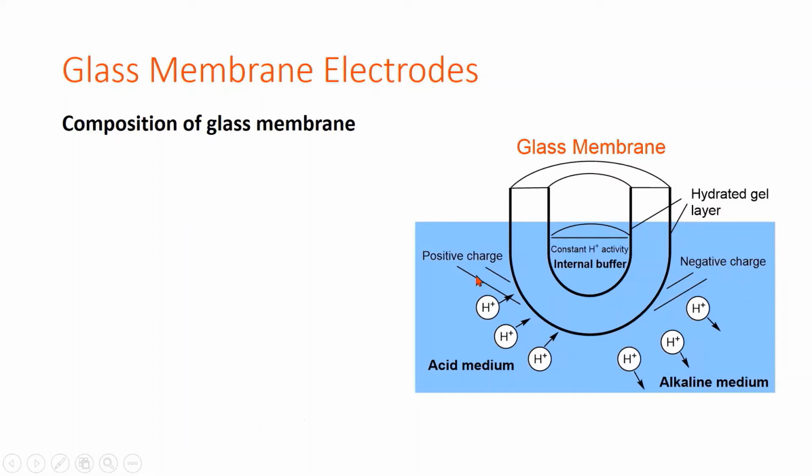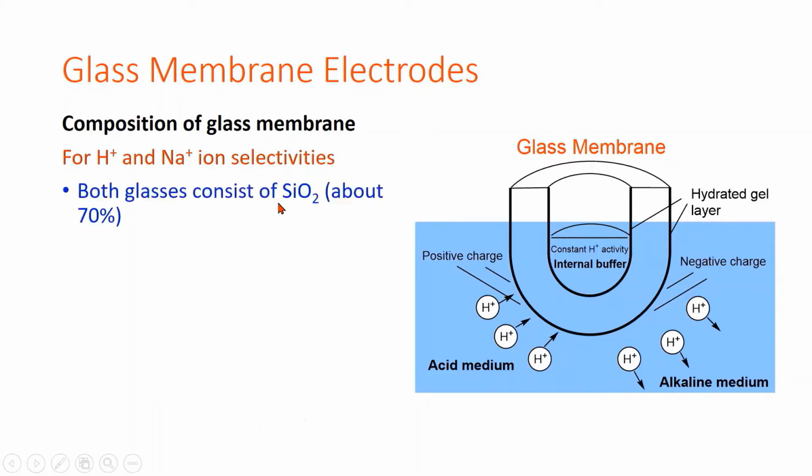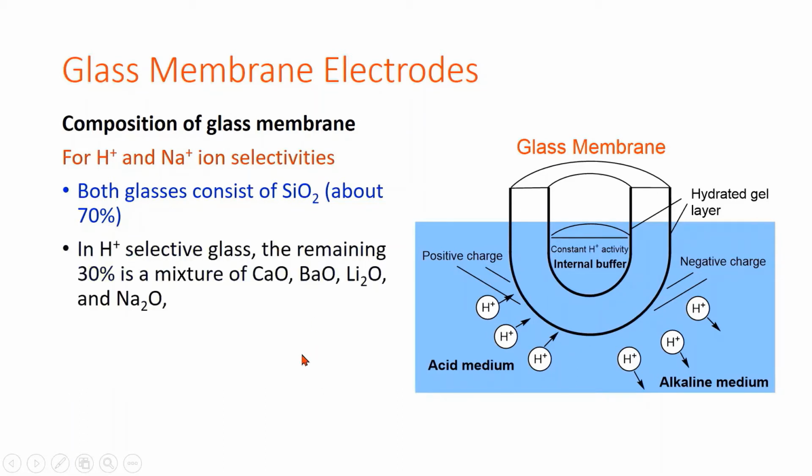Composition of glass membrane for proton and sodium ion selectivities. Both glasses consist of SiO2, which is about 70%.